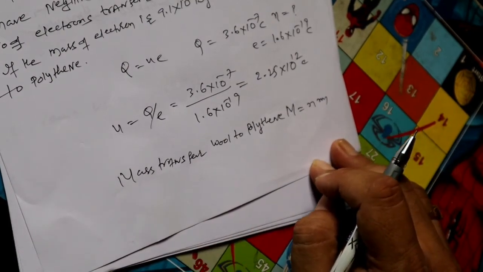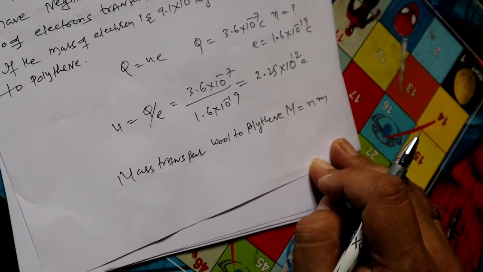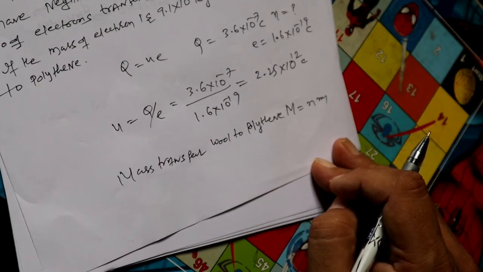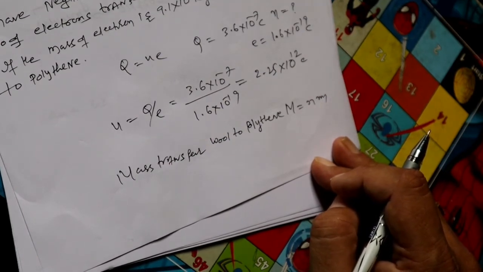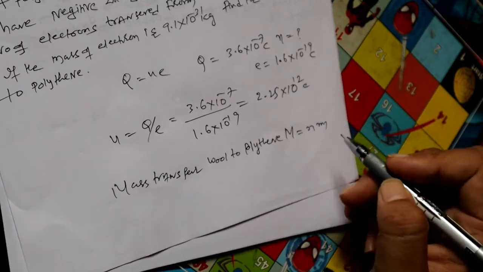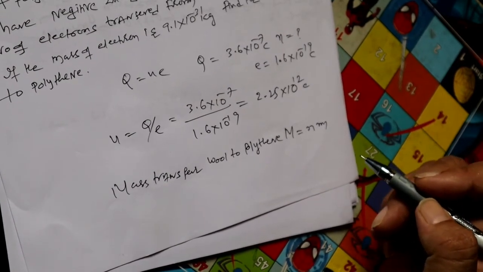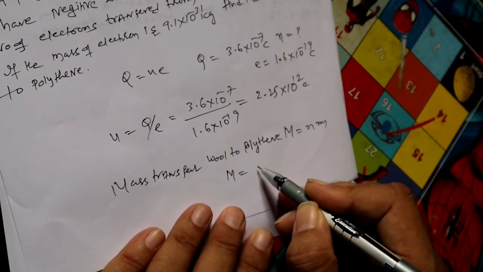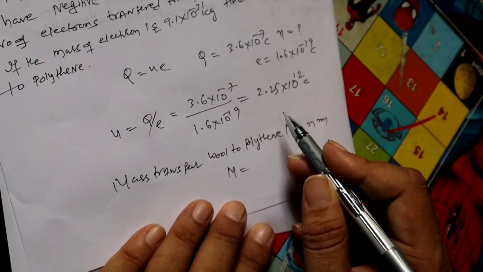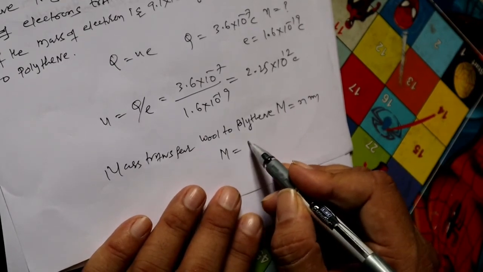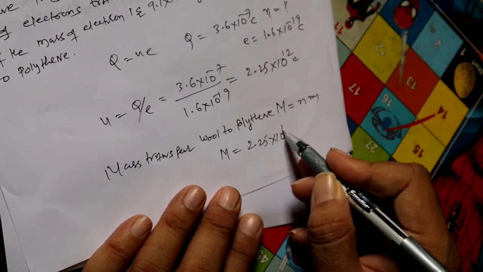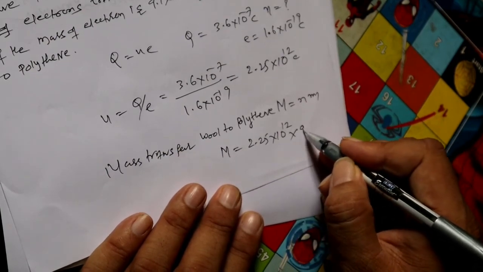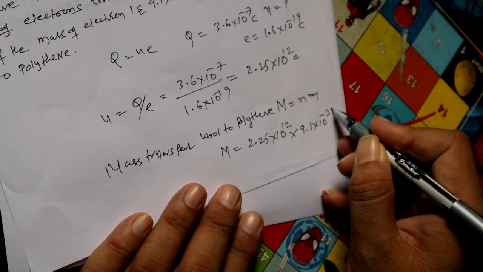The total mass transferred is N into m, where N is the number of electrons transferred from wool to polythene and small m is the mass of the electron. N we already found: 2.25 into 10 to the power of 12, into the mass of each electron, 9.1 into 10 to the power of minus 31.